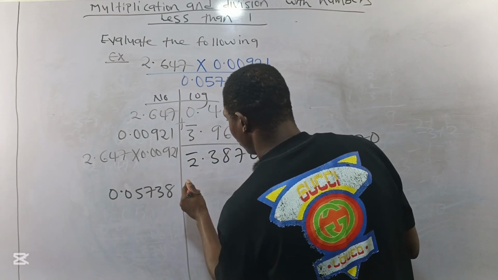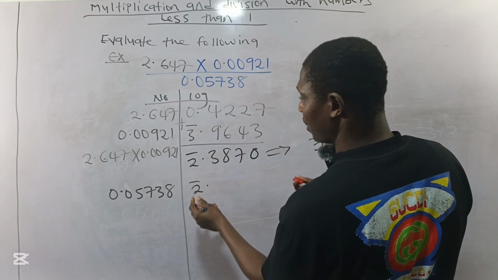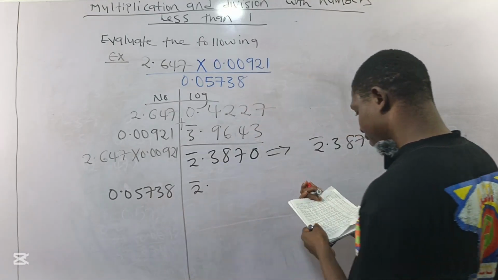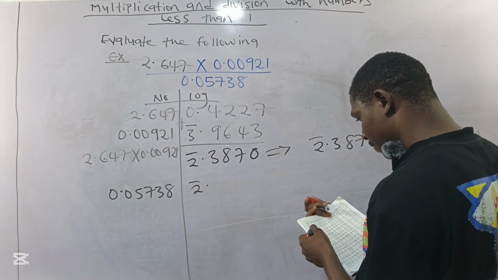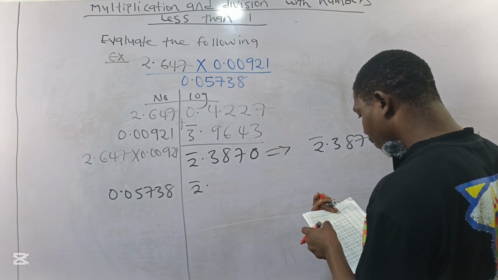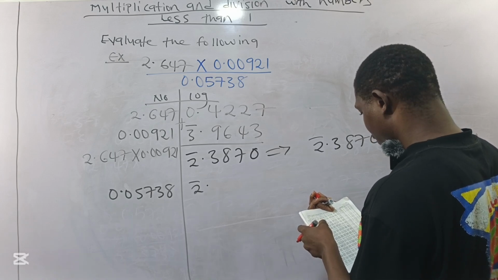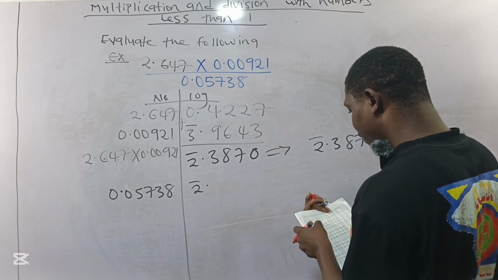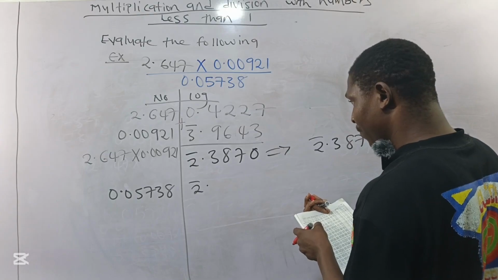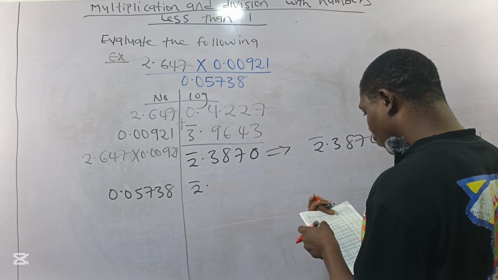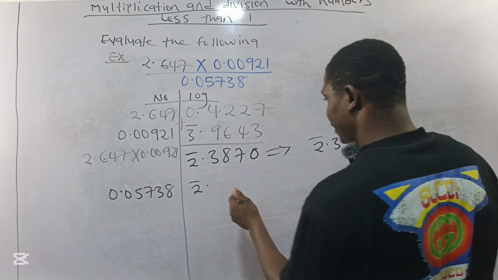Which is bar 2.57 under 3. 57 under 3 is 7582, plus difference 8, which is 6, will give me 7588.